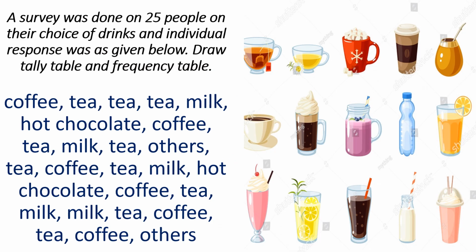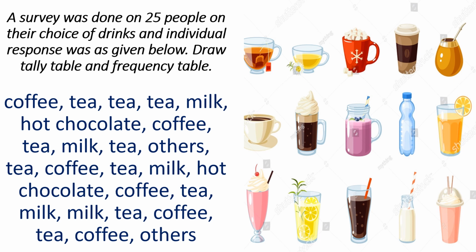A survey was done on 25 people on their choice of drinks and individual responses were as given below. Draw tally table and frequency table. Here are the responses. Survey means they have asked questions to 25 people about their choice of drinks, and their choices are either coffee for one person, or tea for another person.